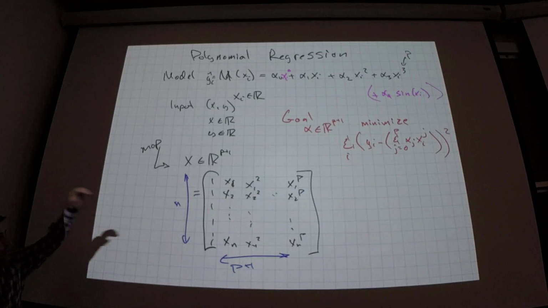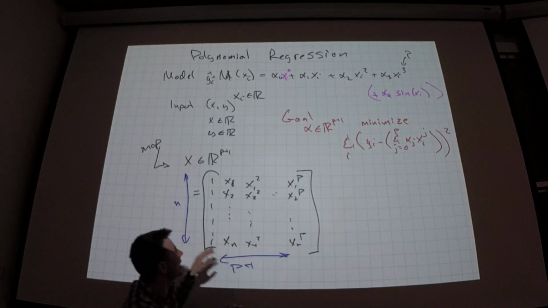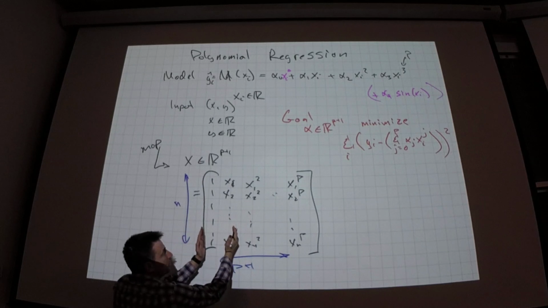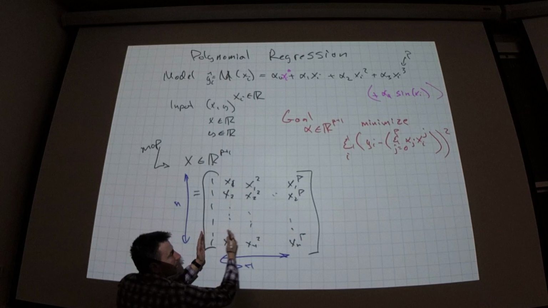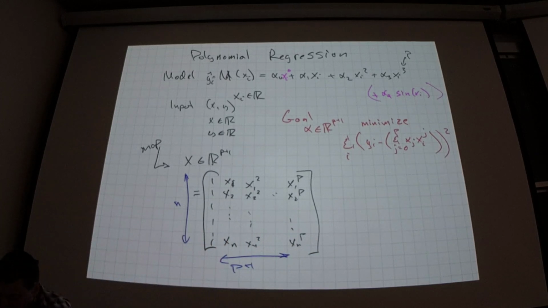So if I force this as a polynomial model, that corresponds to having expanded from essentially a two variable problem up to a p plus 1 variable problem, and then I can solve it the same way as before.